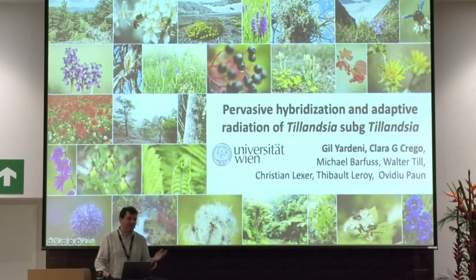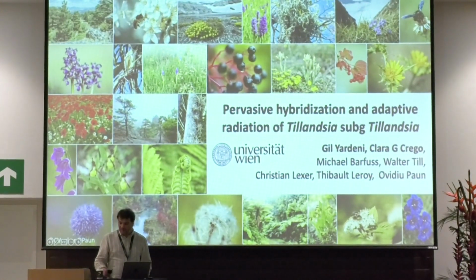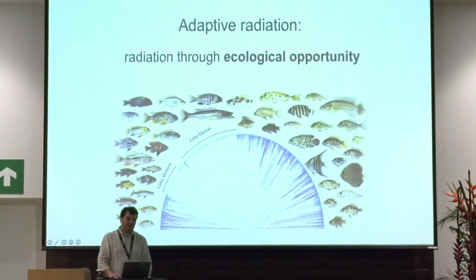Extreme cases of diversification are referred to as adaptive radiations. Now, radiations often have an adaptive value when lineages find and diversify to occupy a broad array of ecological niches in a process which is then adaptive radiation.